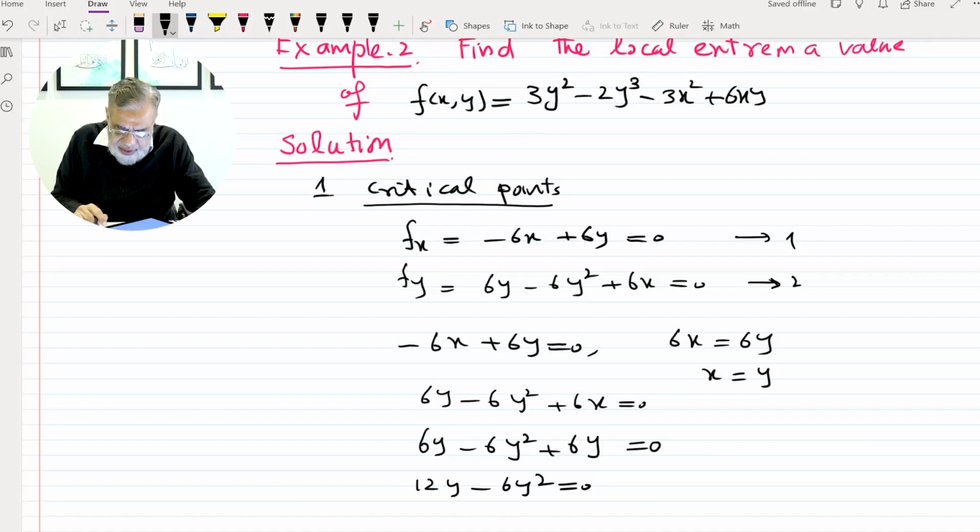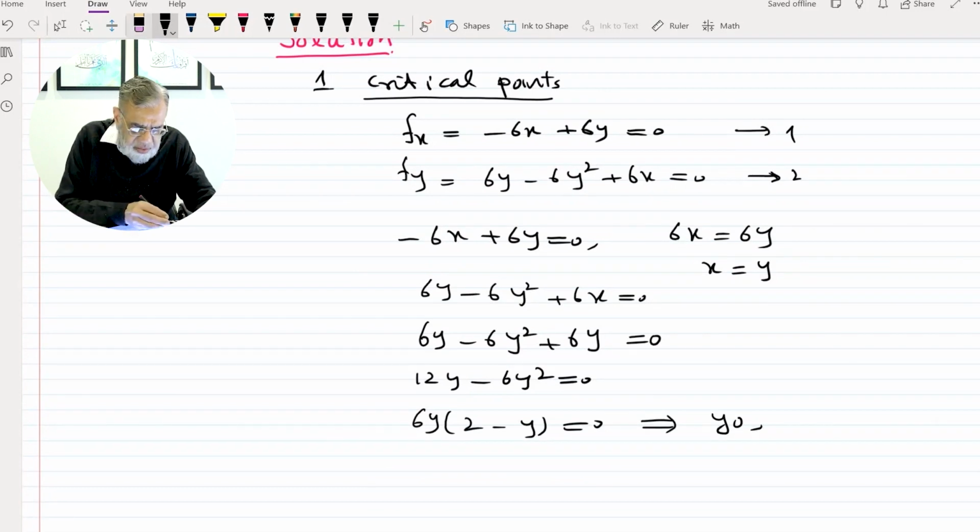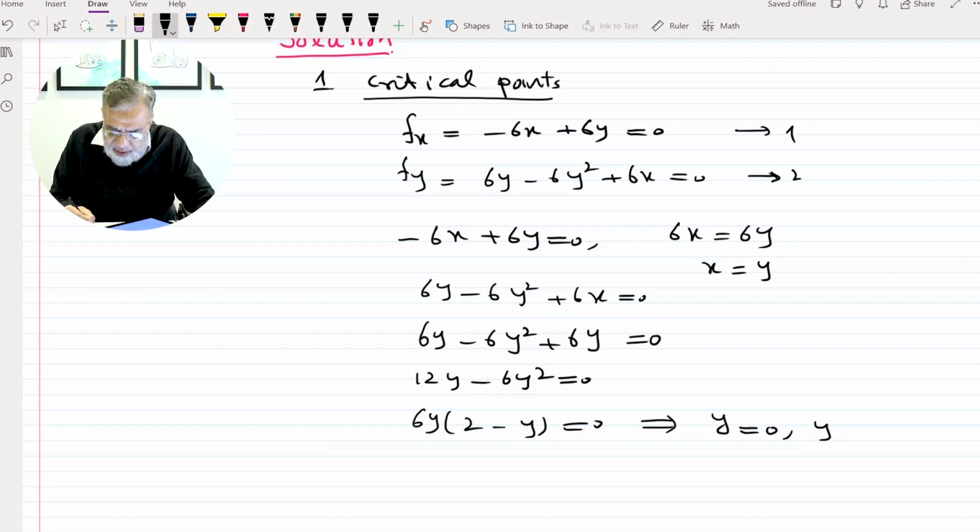I factorize this and get 6y(2 − y) = 0, and that gives me two values: y = 0 and y = 2. Then I use equation 3, x = y, to find the value of x.